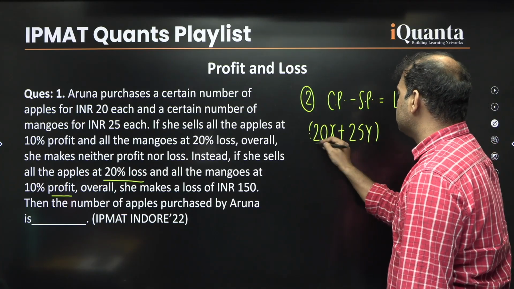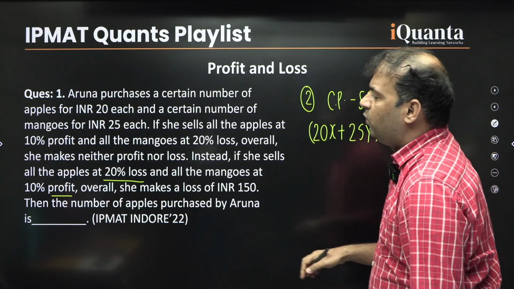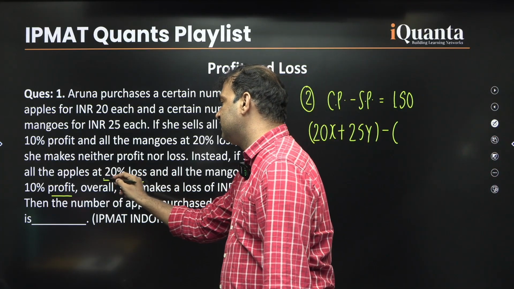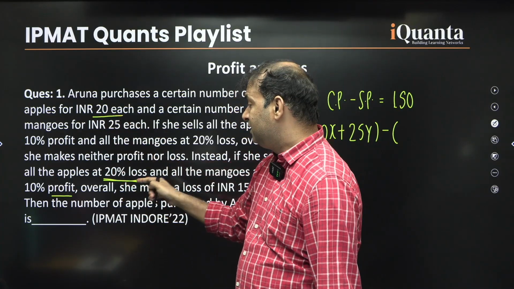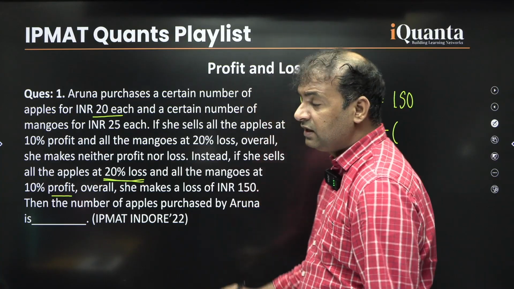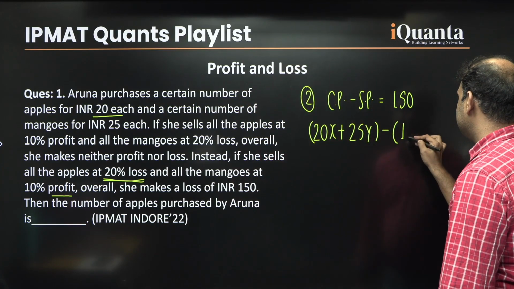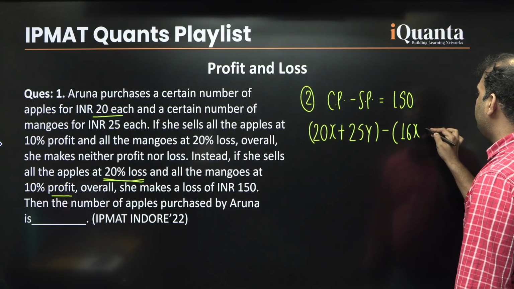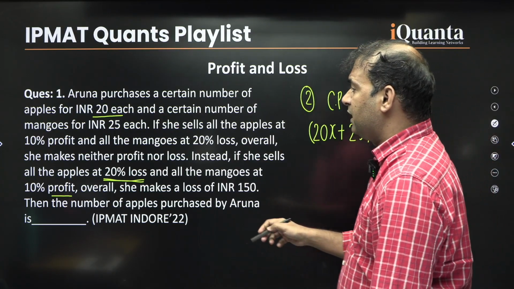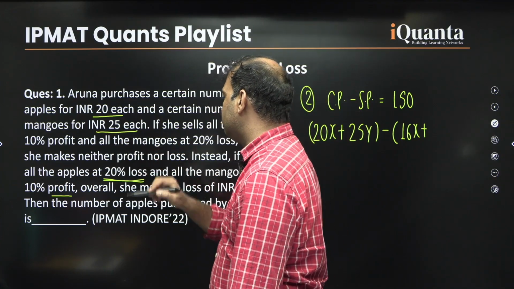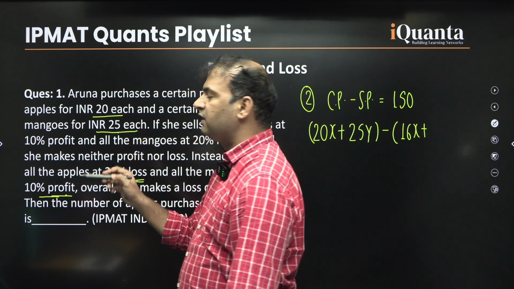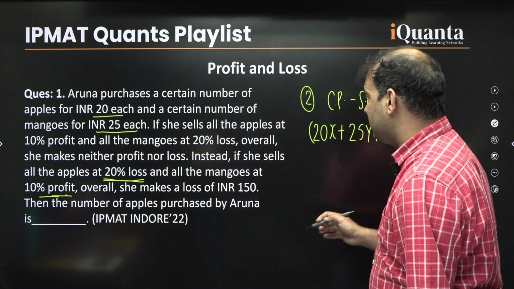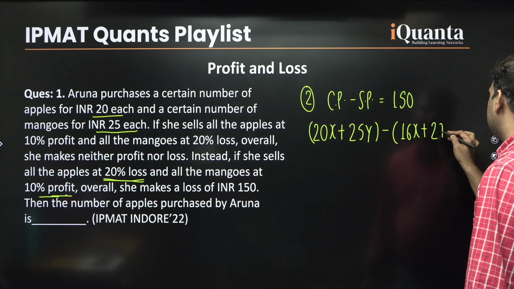Coming to the selling price in this scenario, one apple is sold at 20% loss. 20 rupees is the cost, and 20% of that is 4. So the selling price is 16, and the total selling price of apples is 16x. Coming to mangoes, the cost price is 25 and it's sold at 10% profit. 10% of 25 is 2.5. That means the selling price must be 27.5y.